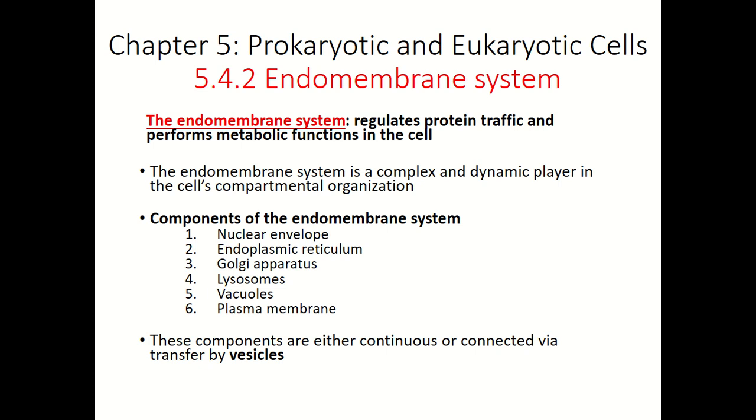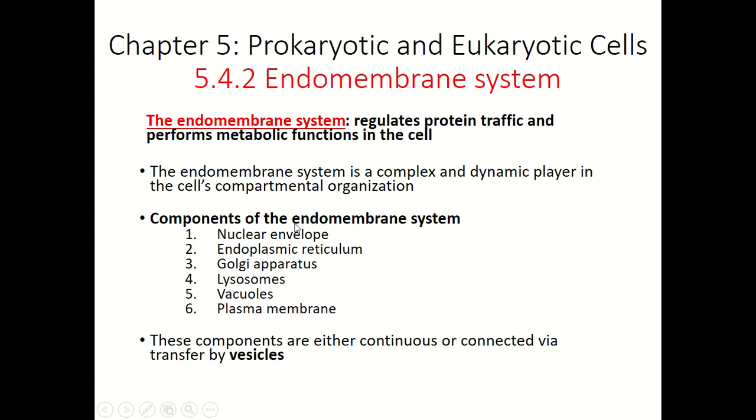Actually, the main function is to regulate the protein traffic and also perform metabolic functions in the cell. So they are a very complex and dynamic player in cell compartmental organization that I already explained last week.